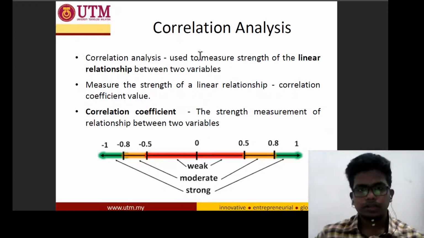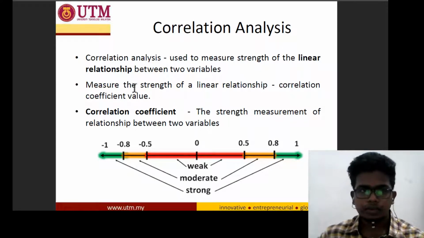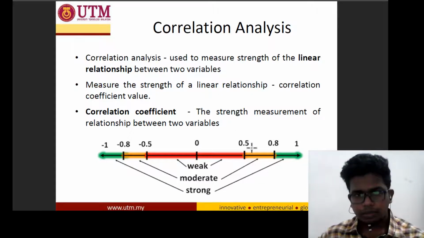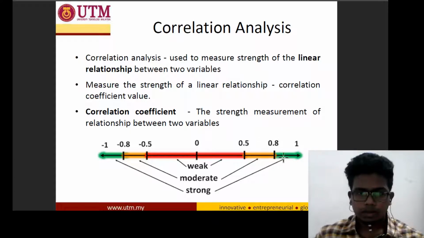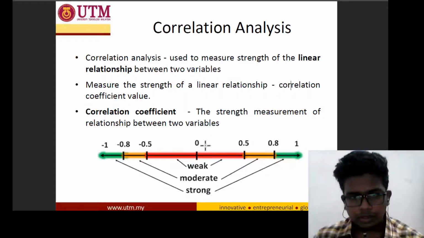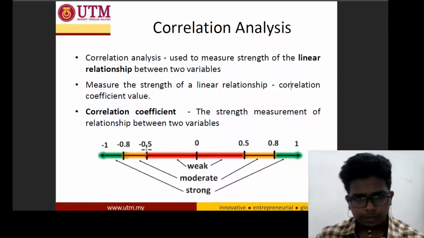Okay, for this we can see that correlation can be analyzed in some ways. We can measure correlation by the strength of the linear relationship. The correlation coefficient value can be measured with this kind of graph, where if the value is between 0.5 and minus 0.5, then it is counted as weak.